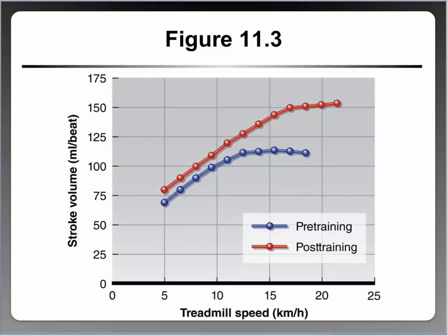And you can see in this figure that no matter whether it's a submaximal intensity, you see an increase in stroke volume, or a maximal, well, running speed in this case, but also reflecting maximal intensity, that you see a larger increase in stroke volume.